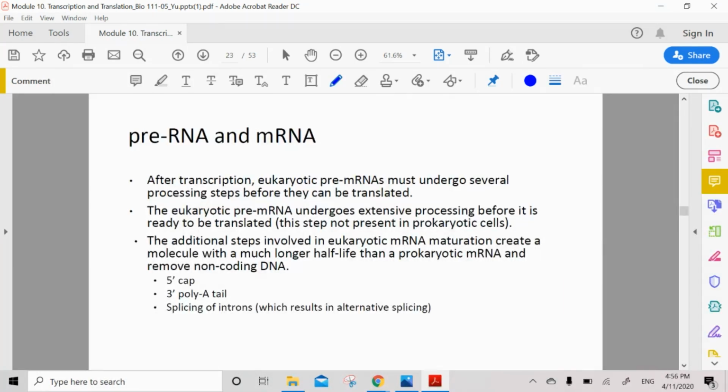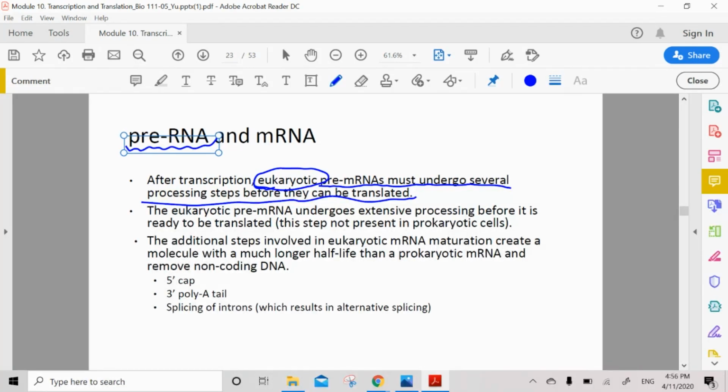Pre-mRNA and mRNA. At the end of transcription, we actually make pre-RNA. Now these pre-RNAs are not mature RNA molecules yet, so they need to be processed and modified a little bit to become the final mRNA product. This doesn't apply to prokaryotes, right? It's only for eukaryotes. So eukaryotic pre-mRNAs must undergo several processing steps before they can be translated.